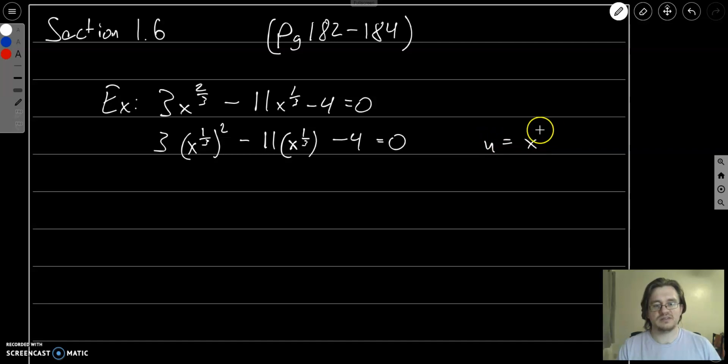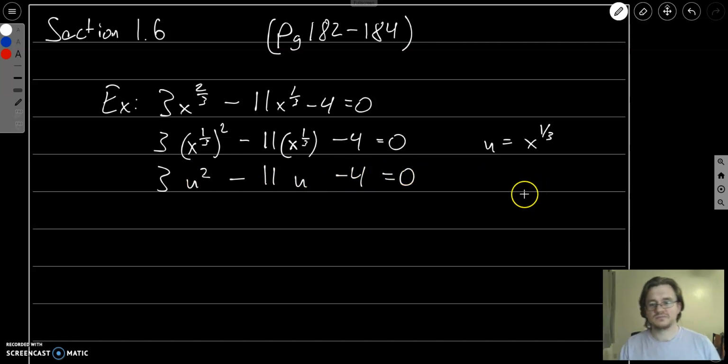So I can replace x to the 1/3 power with u. In doing so, I have 3 times u squared minus 11 times u minus 4 is equal to 0.